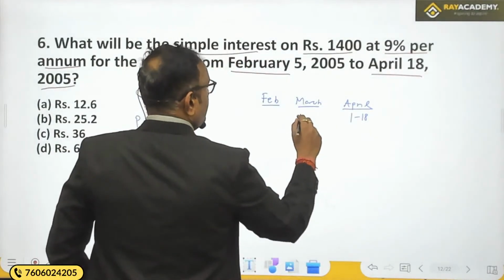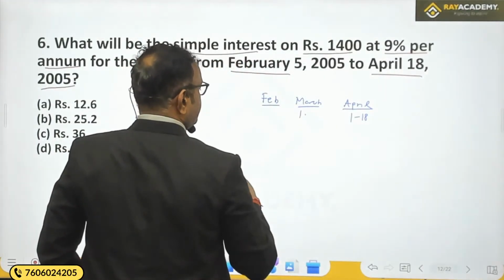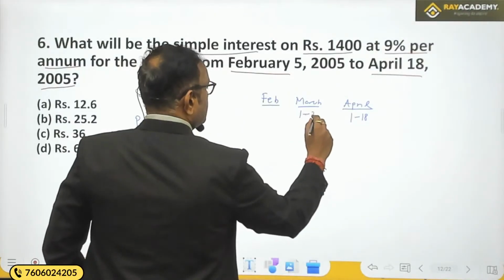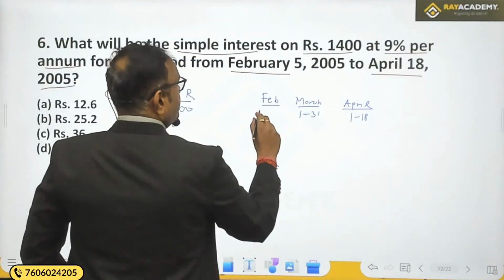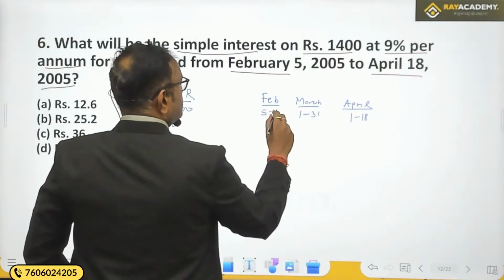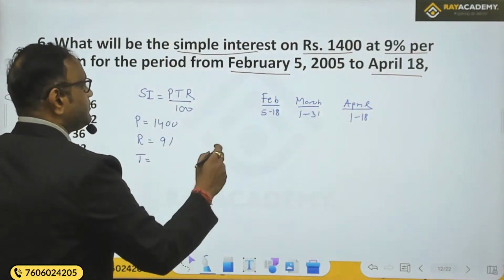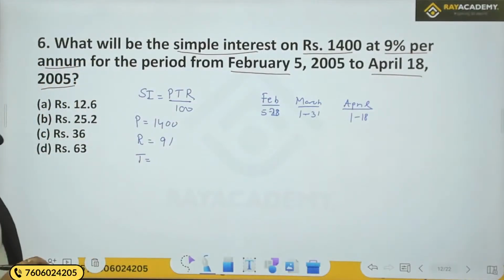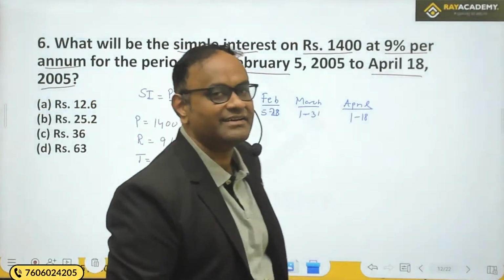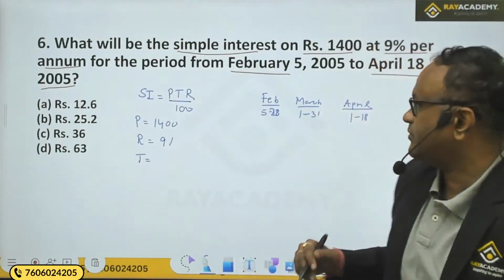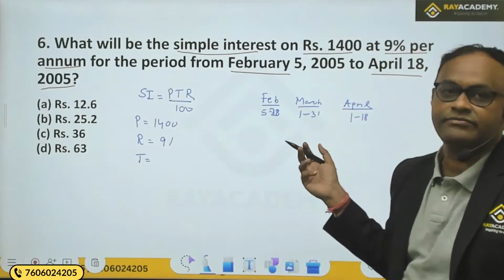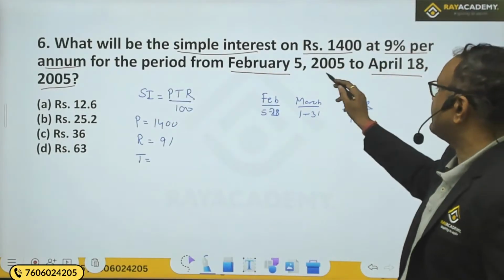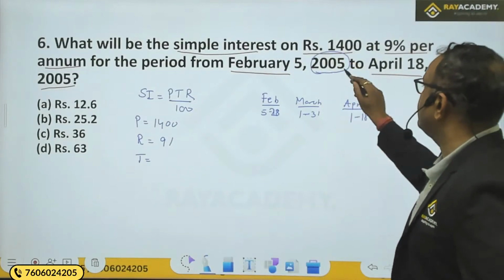In March we have 1 to 31, and in February it is 5 to 28. Now again, this is not a leap year. If it were a leap year, February would have 29. How do we know a leap year? If the year is divisible by 4, it is a leap year. But 2005 is not a leap year.